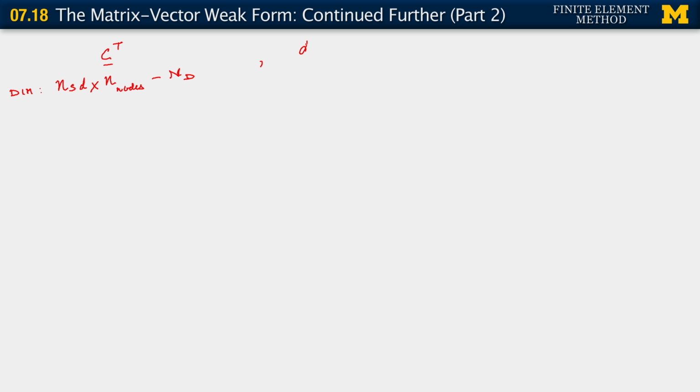But our global vector D bar, as we've written it in our global matrix vector equations, has all number of spatial dimensions n sub sd times number of nodes.